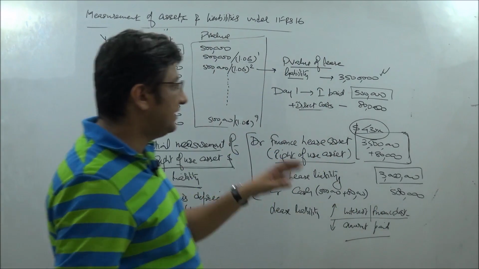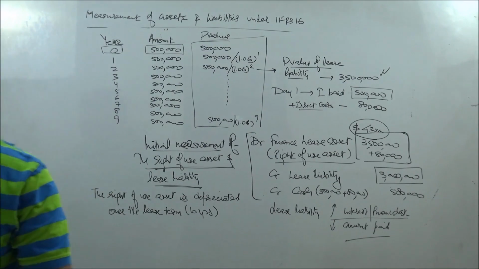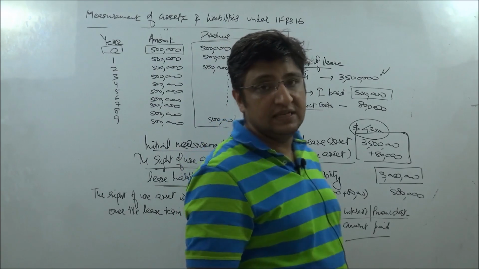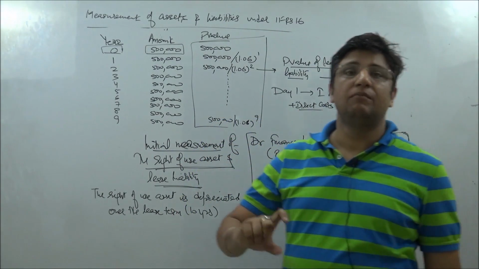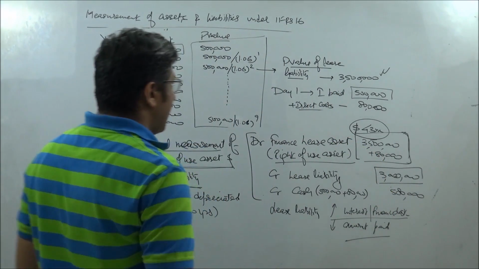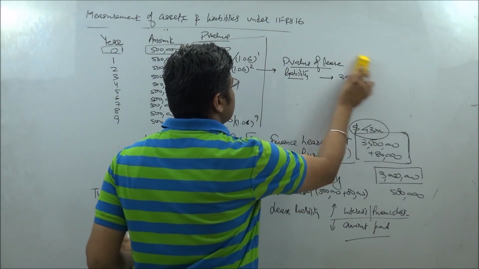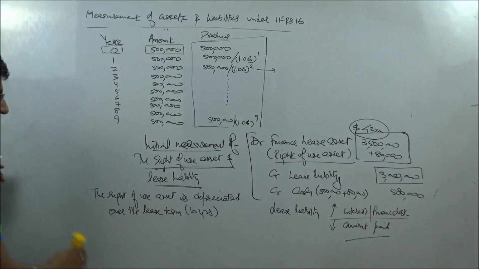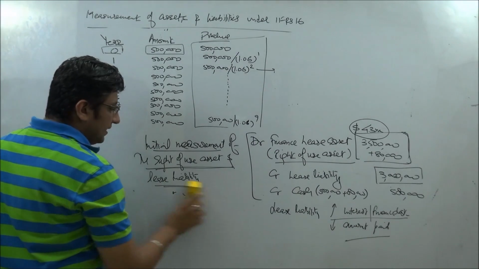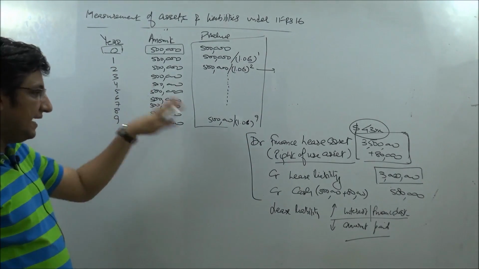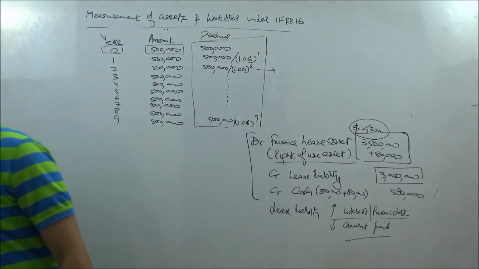But we did not want to worry about that piece. We rather wanted to discuss if there is a modification in the lease term, then what happens? If something changes about the lease, how do we account for that particular difference?